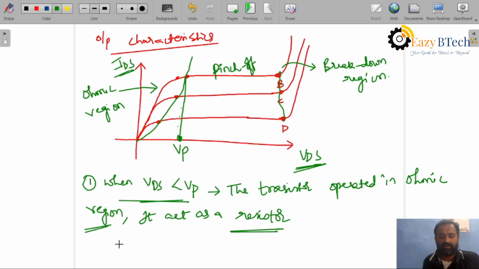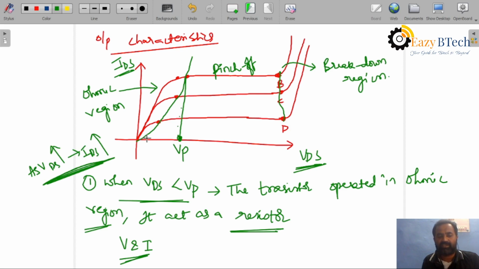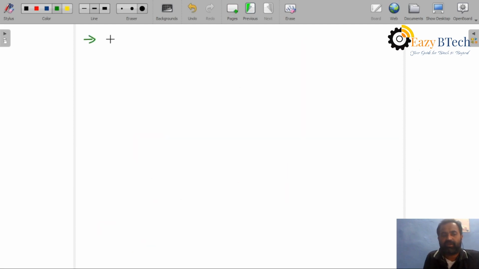It acts as a resistor because a change in voltage gives a change in current. In this region, as VDS increases, IDS increases. From here to here, the current is increasing.